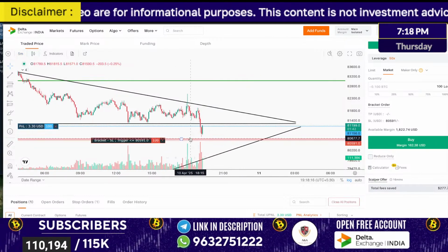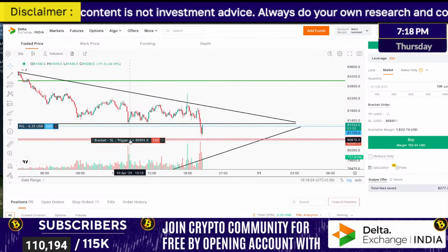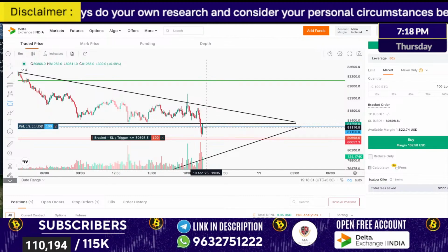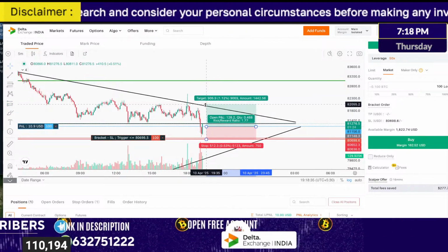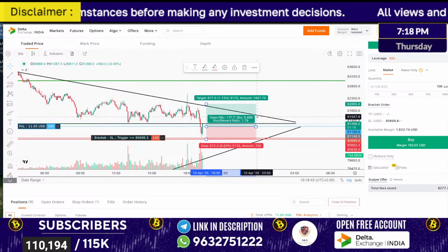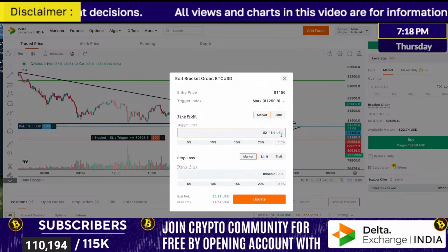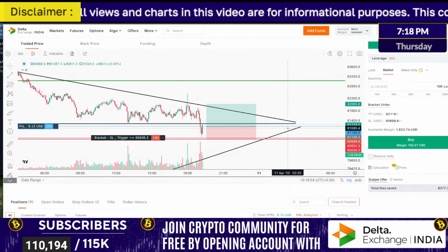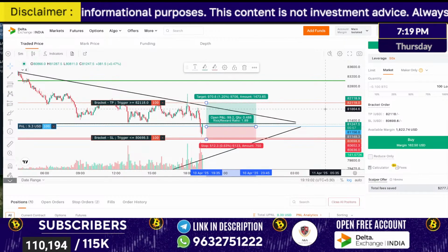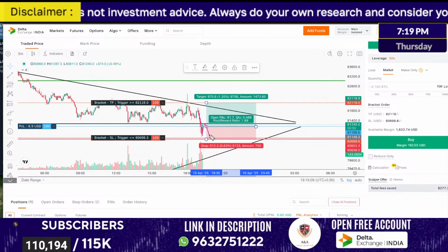Long stop loss, serious target. See, if this is breakdown, retest and then breakdown, nothing can be done.